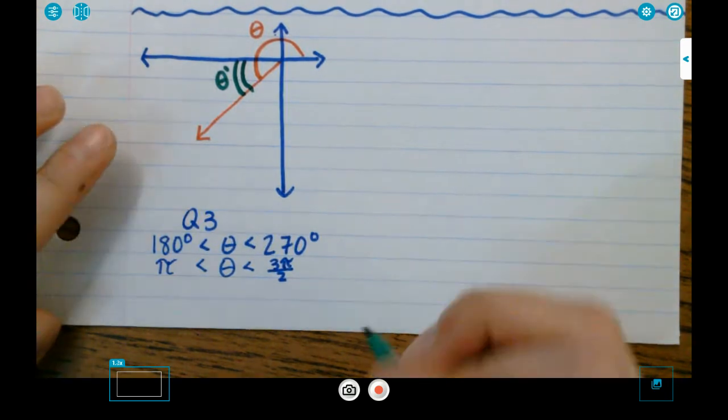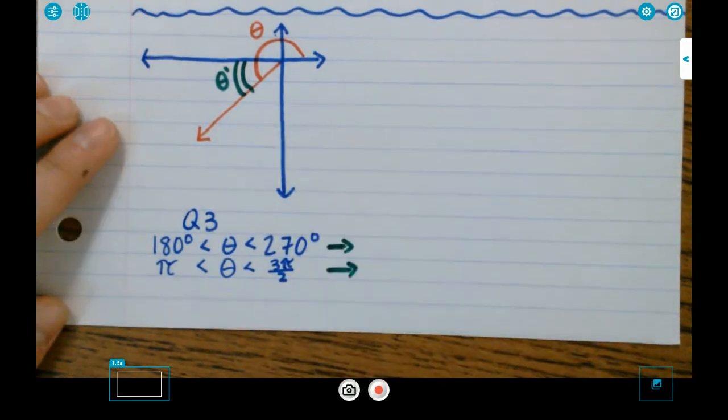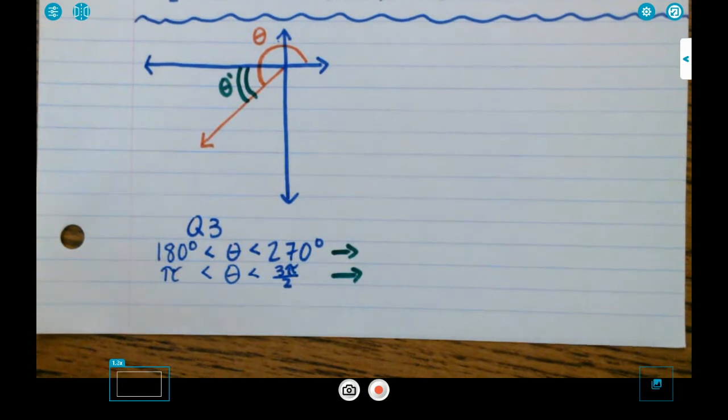Okay. So now, if those two little green lines I drew, that's where we need to find our reference angle, right here. How do we use this angle? How does my entire theta compare to my little theta prime? What's going to be the difference there? Theta minus 180. Yeah. So we're going to take our entire angle, and then take off this 180, and this little guy is left.